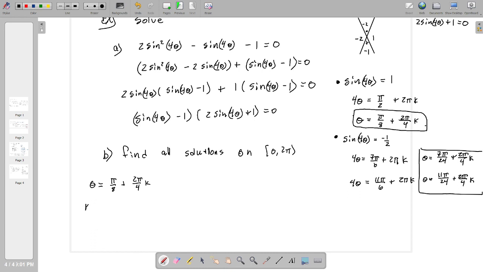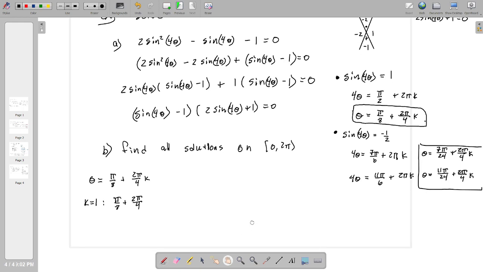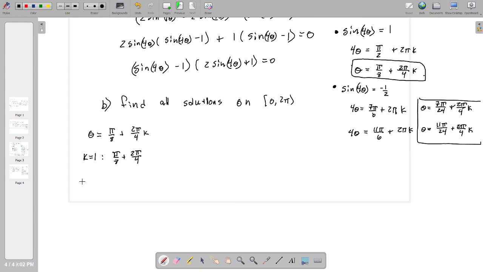If k is equal to 1, then we have pi over 8 plus 2 pi divided by 4 times 1, of course, where k is equal to 1. If k is equal to 2, we have pi over 8 plus 2 pi over 4 times 2. K is equal to 3, we have pi over 8 plus 2 pi over 4 times 3.